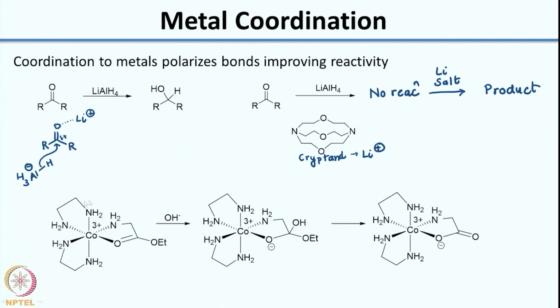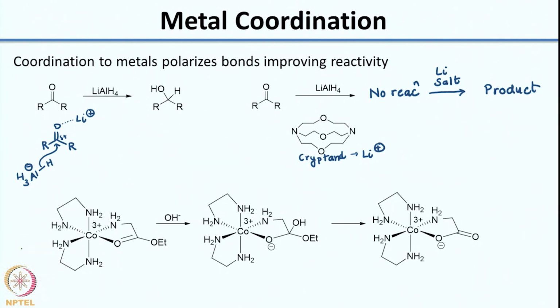Now here this is an octahedral complex, but when you add a substrate here, so this is your substrate here, this glycine ester. Now when you add this substrate, the oxygen and the nitrogen coordinate with the cobalt, alright. And what this coordination does is, it increases the electrophilicity at this carbon center.